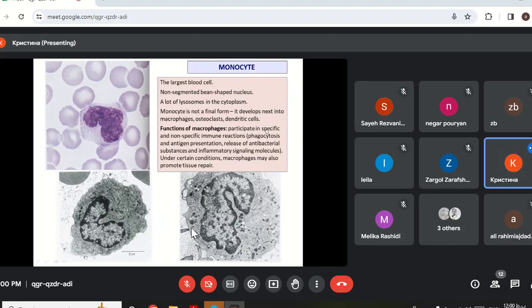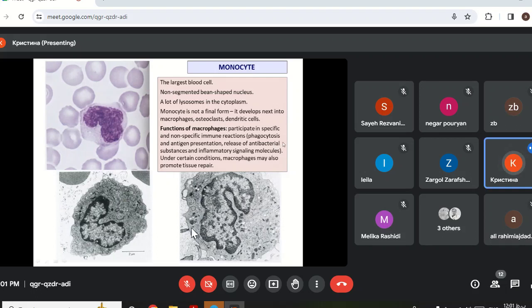Macrophages are the most numerous derivatives of monocytes, and they participate in specific and non-specific immune reactions. They can perform phagocytosis of anything: bacteria, parasites, dead cells, extracellular matrix, etc. They can also perform the function of so-called antigen presentation, which is part of the immune reaction.